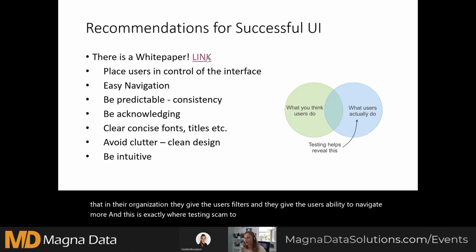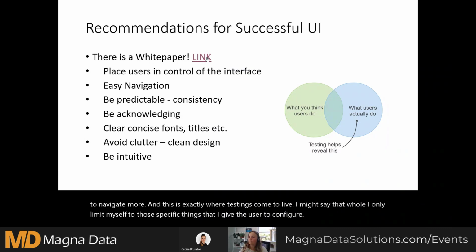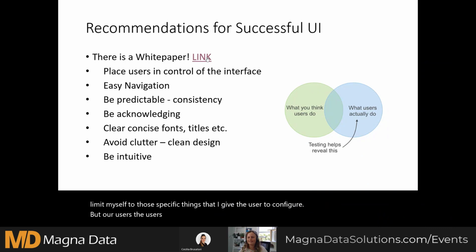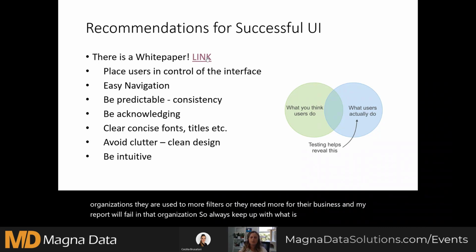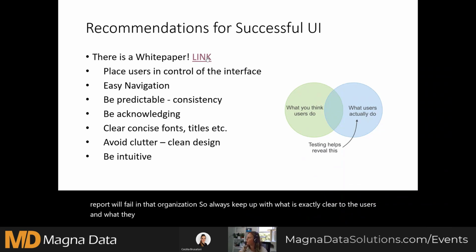I might say that I only limit myself to those specific things that I give the user to configure. But the users in Gina's organization, let's say, sorry that I'm using your name, but I hope it's okay, are used to more filters, or they need more for their business. And my report will fail in that organization. So always keep up with what is exactly clear to the users and what they're actually going to do with your report.